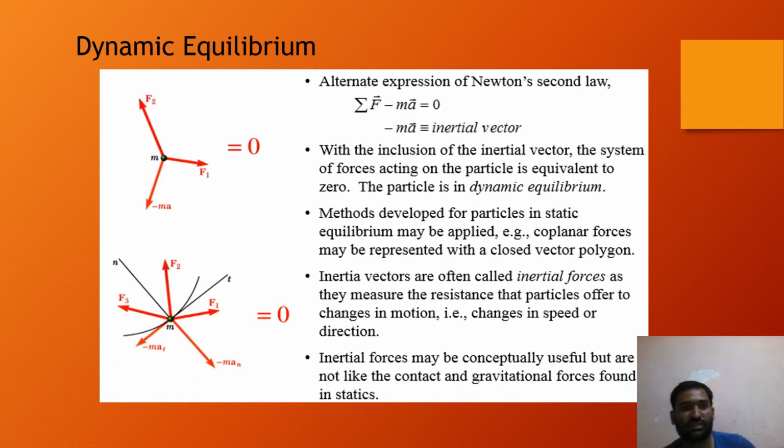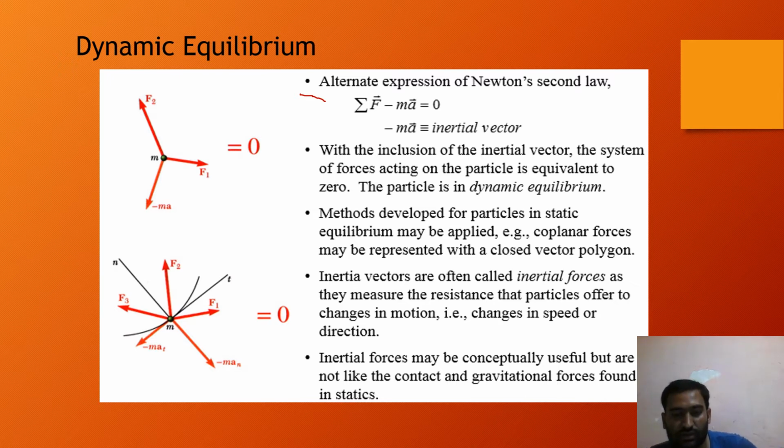Now the second topic is dynamic equilibrium. Dynamic equilibrium is an alternate expression of Newton's second law. Before, summation of F was equal to ma. Now we just change to the alternate expression of Newton's second law of motion.